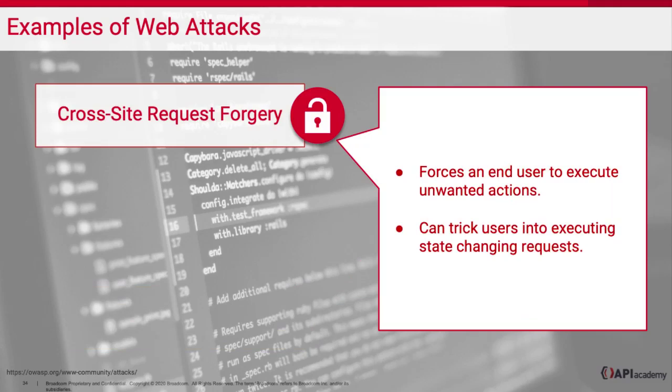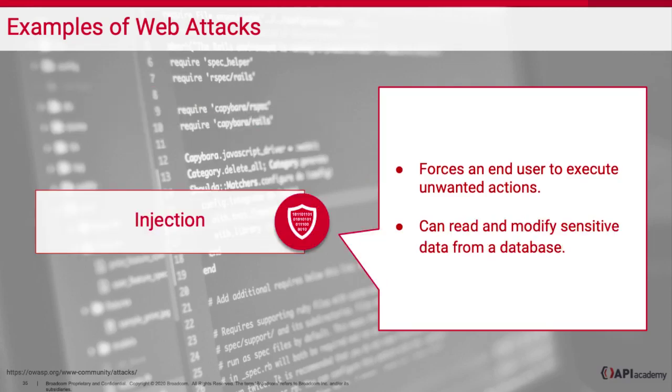An attacker may trick the user into executing state-changing requests like transferring funds or changing their email address. An SQL injection attack consists of insertion of an SQL query via the input data from the client to the application. The exploit can read or modify sensitive data from the database.